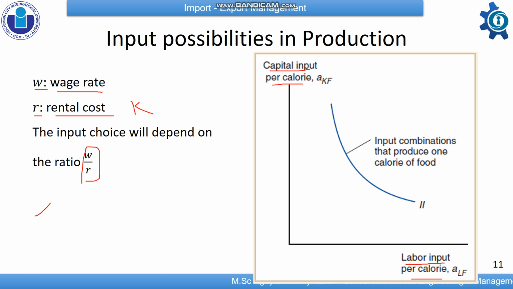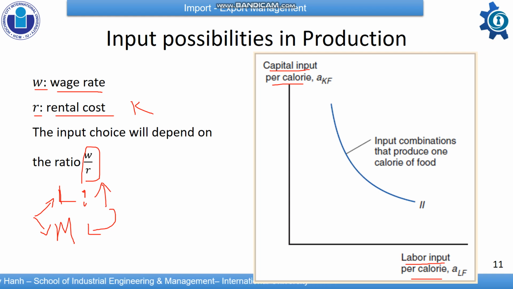For example, between labor and machine, if the wage rate is high, we will tend to use more machines and reduce the quantity of labor. To produce 1 calorie of food, for example, we need 3 labor and 1 machine. However, the wage rate is quite high, so we change to maybe 2 labor and 2 machines.